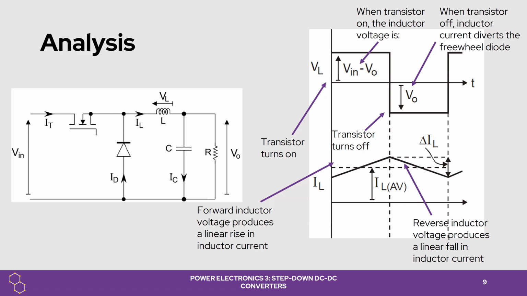And when the transistor is off, the current will divert to the freewheel diode, and the output voltage, as we said, if we neglect the voltage of the diode, the voltage on the inductor is minus the voltage of the output, which we can see in the figure of the inductor voltage.